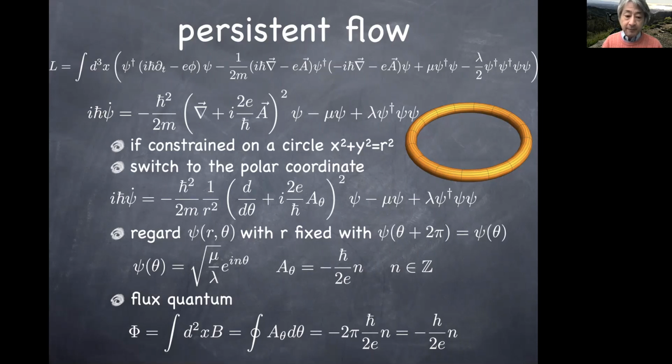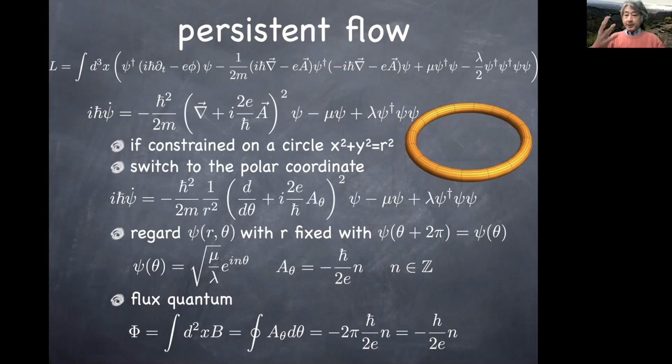So by measuring the flux quantum to be in the unit of h/2e, you have now a proof that the condensate is indeed made of pairs of electrons with charge 2e, and that's exactly what had been discovered. So that's how we know that the superconductivity is really due to the condensate of Cooper pairs, each pair with charge 2e. Okay, so let me stop here.